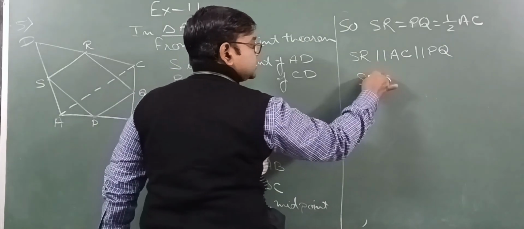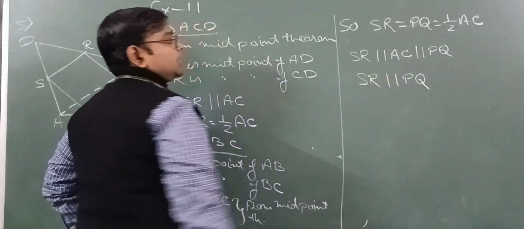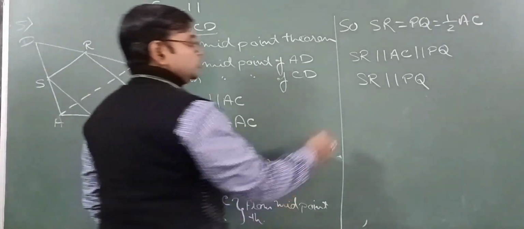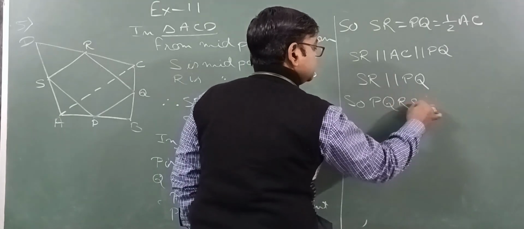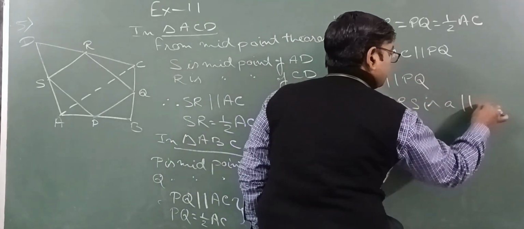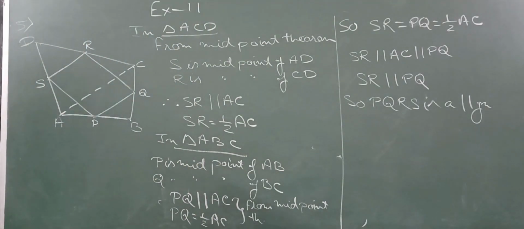It means that SR is parallel to PQ, and we already proved that SR equals PQ. So PQRS is a parallelogram. It's proved. Question number 5 proved. Now hope you are able to solve questions 1 to 5 by yourself.